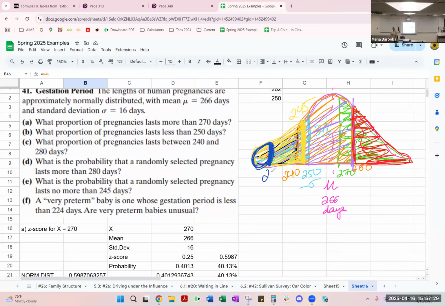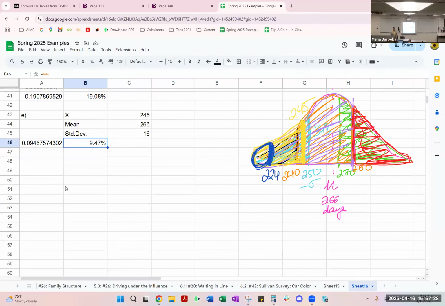So let's see what 224 will look like. Based on that, we can then say, is this going to be unusual or not? So let's go with this, 224.